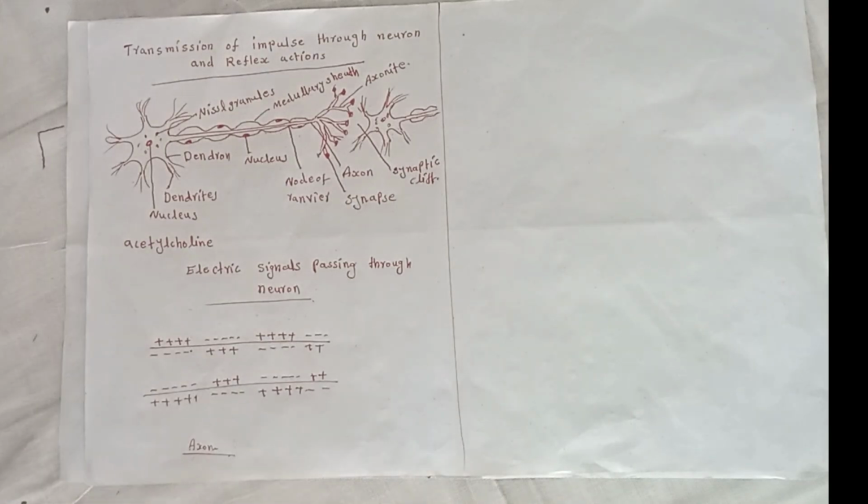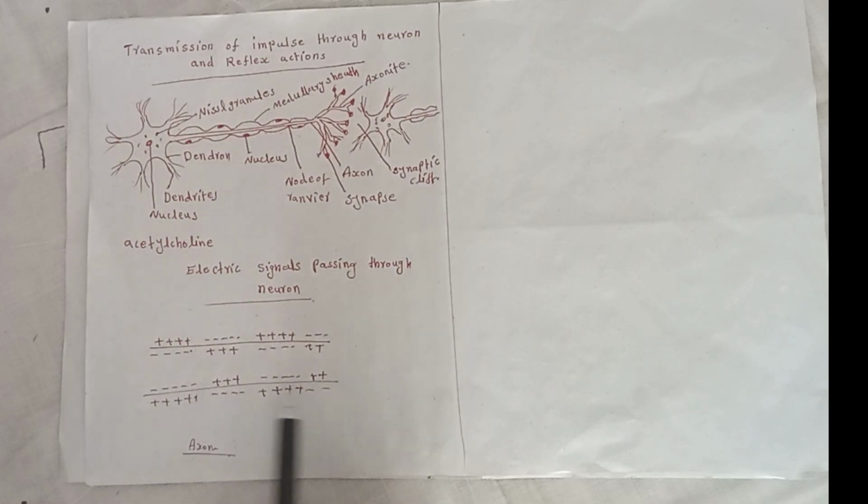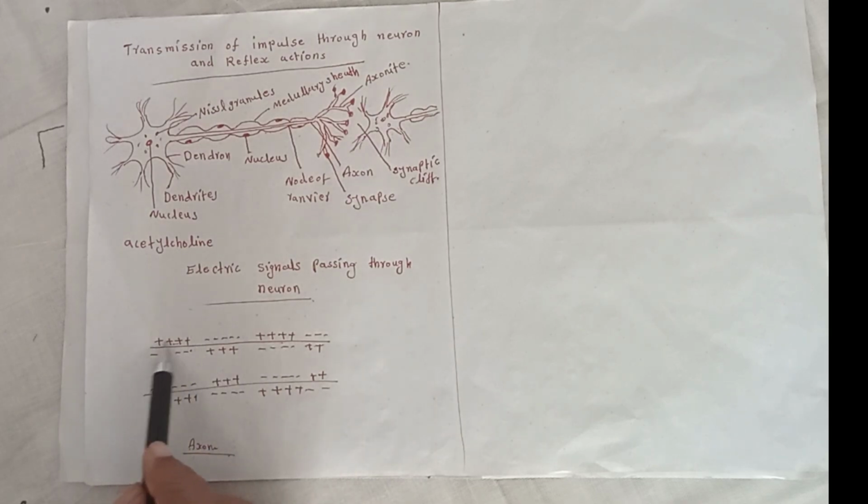This is the piece of axon. The transmission of impulses through the nerve fiber is by electrochemical impulses, that means electrochemical impulses travel as a wave of depolarization.